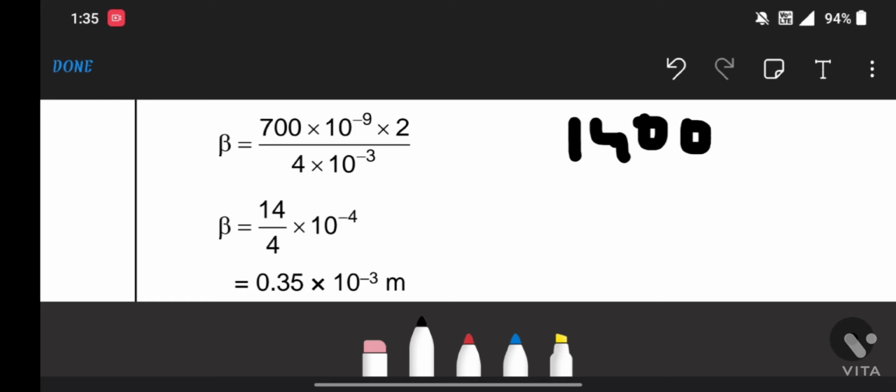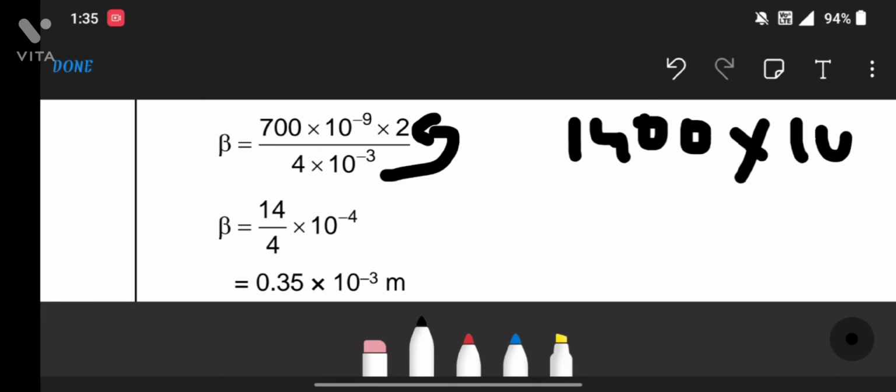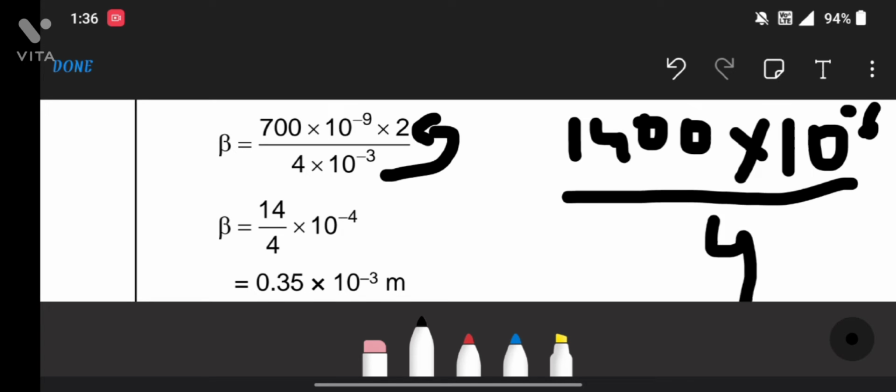Next, into 10 to the power minus 9 is there. The 10 to the power minus 3 from the denominator, when taken up, becomes plus 3. So minus 9 plus 3 becomes 10 to the power minus 6. By 4 you keep as usual.